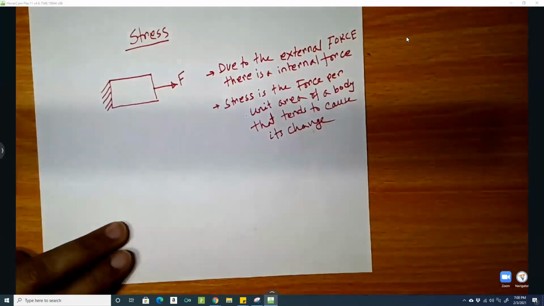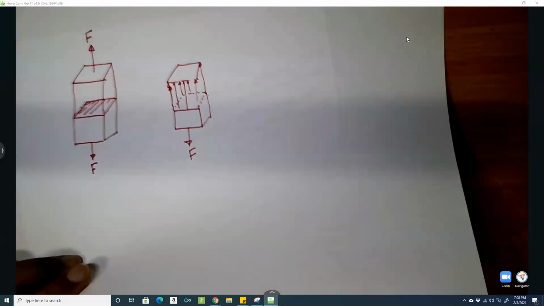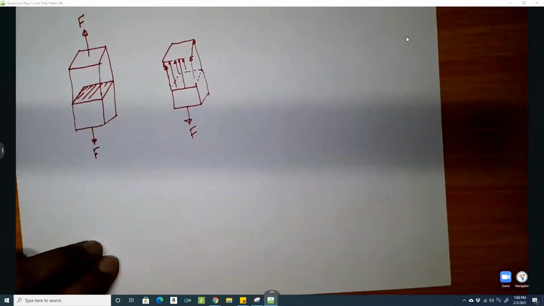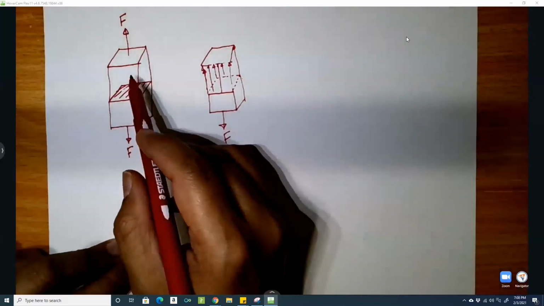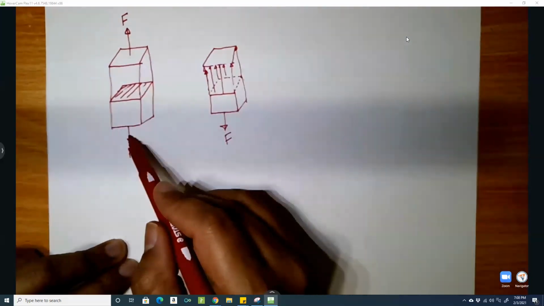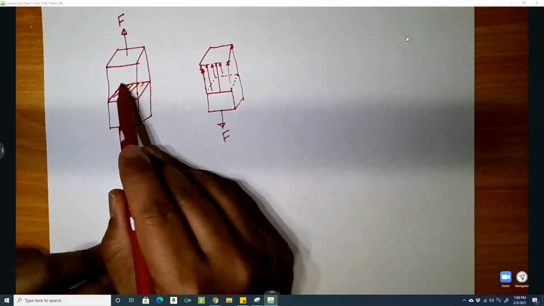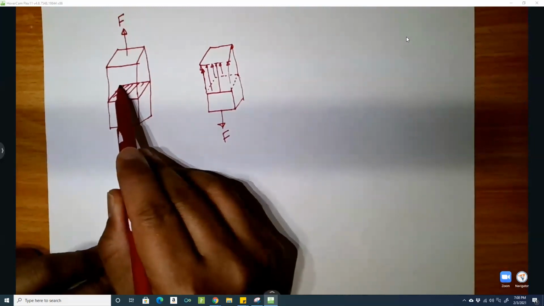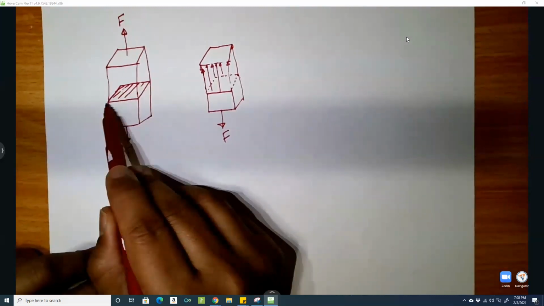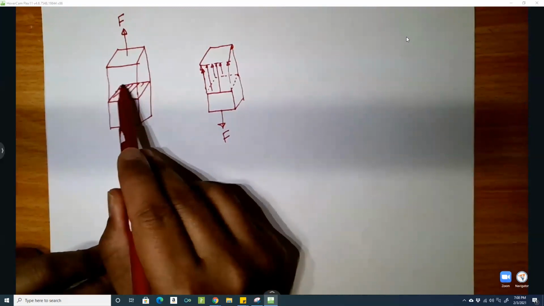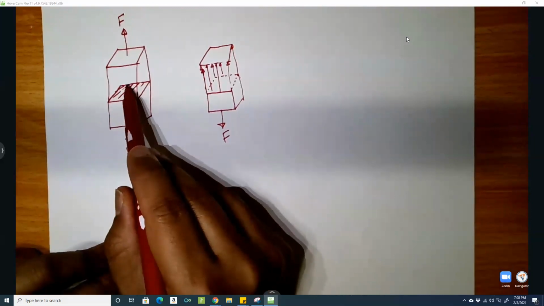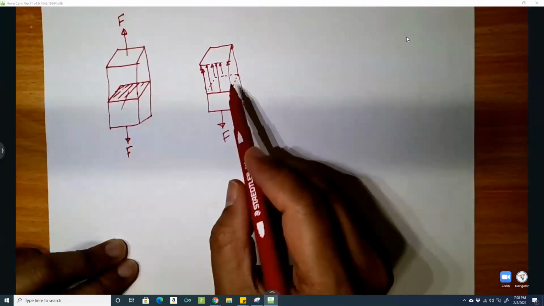Now let's consider this object or this member that has a force on both ends, and this is a segment or section in the body.